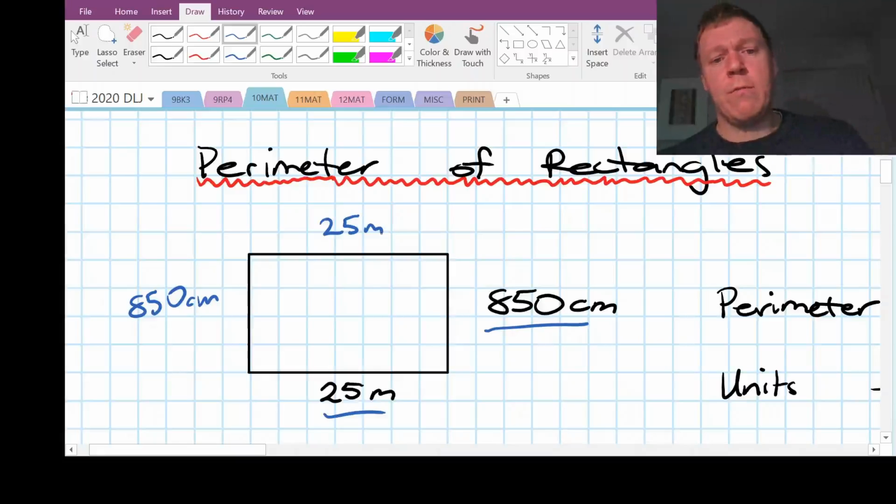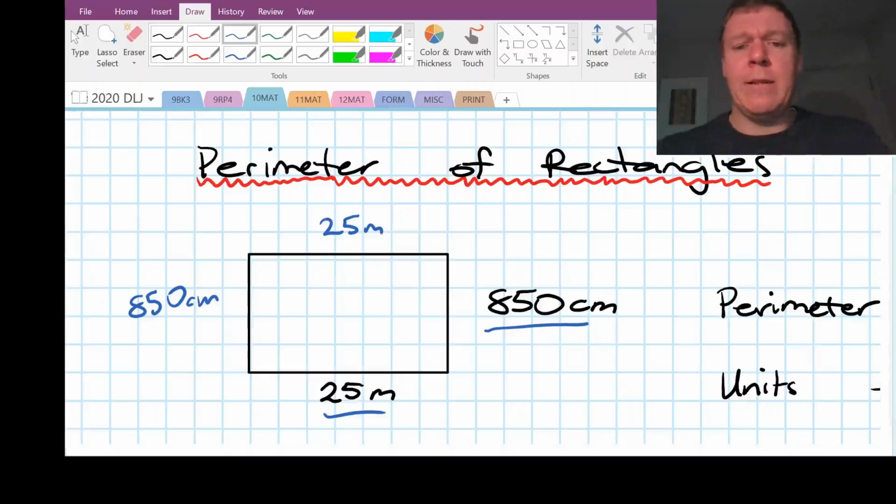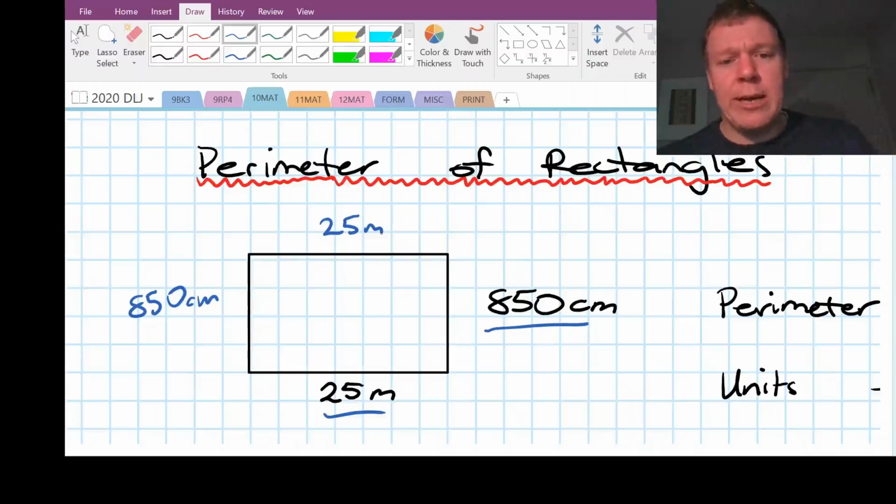I mean, it's fairly intuitive, but some of you might not get that. Also, with measurements, you always want to be working in the same units. So at the moment we've got centimeters and meters, so we actually need to change one of them into the other.